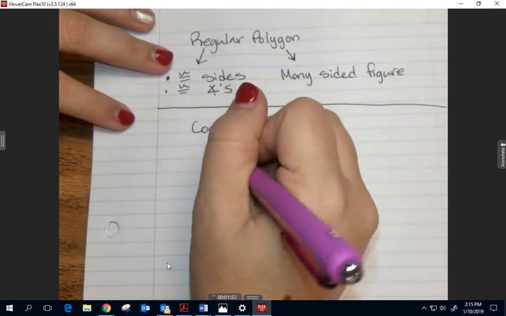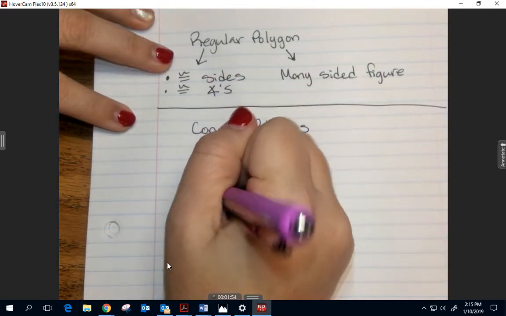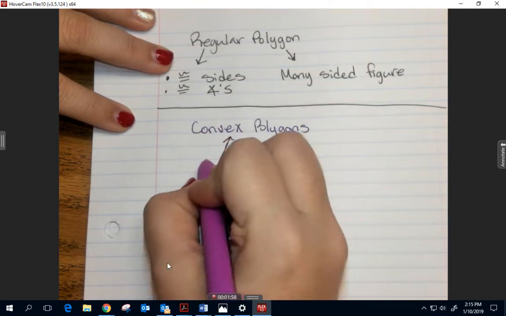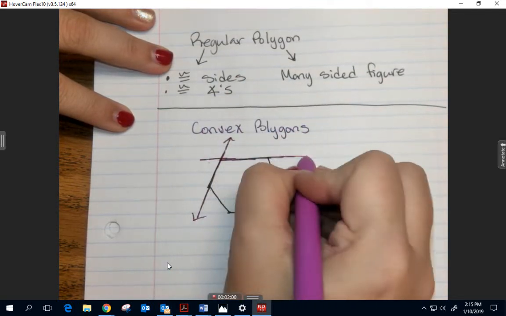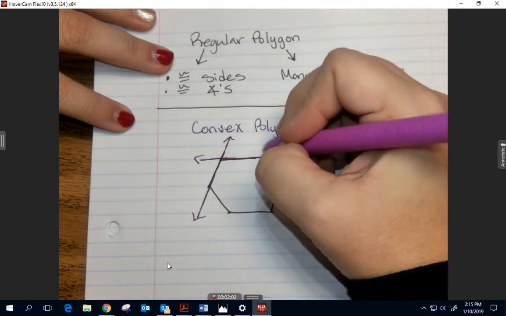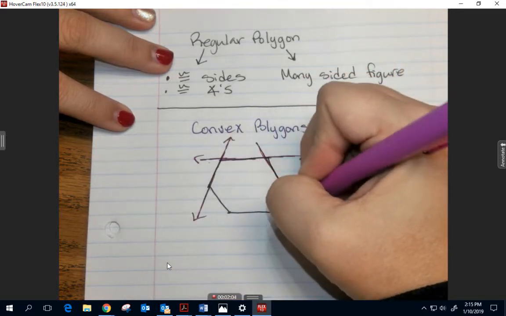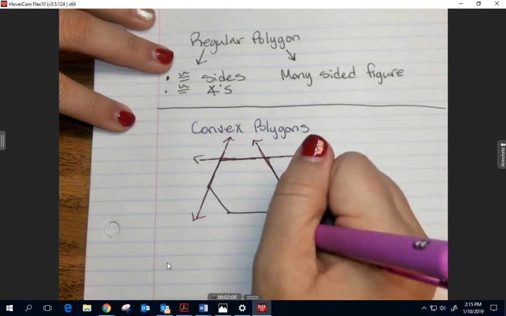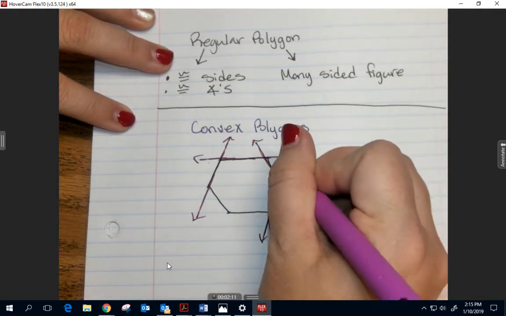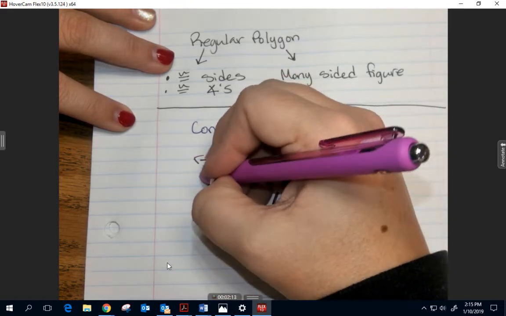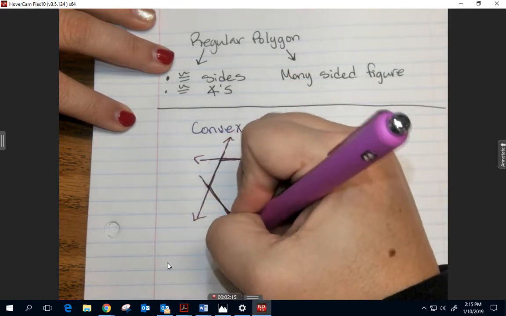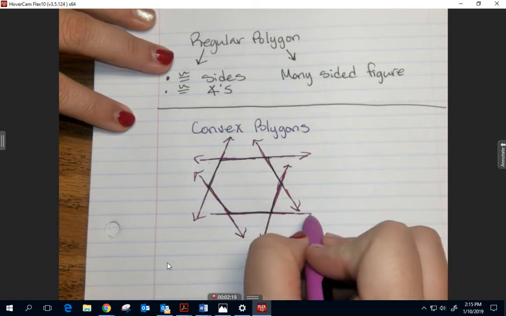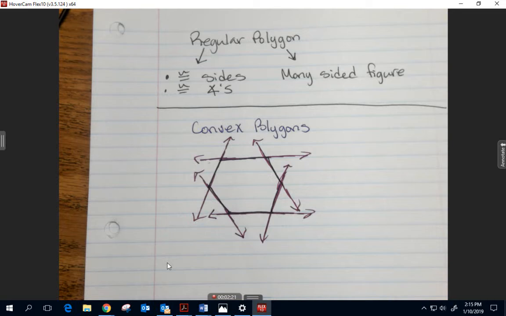If I could do that with each side, you will see that none of them will go inside the interior of the hexagon. And that is why it is called convex. Okay?